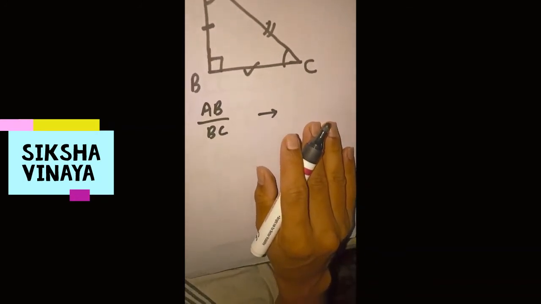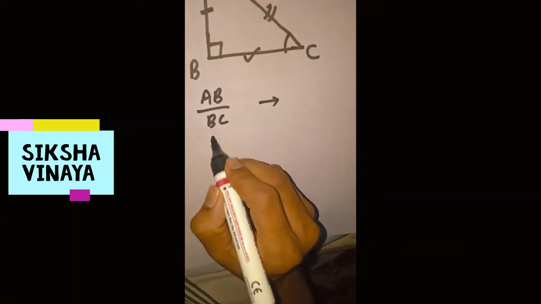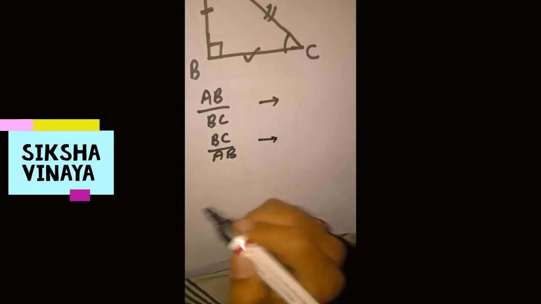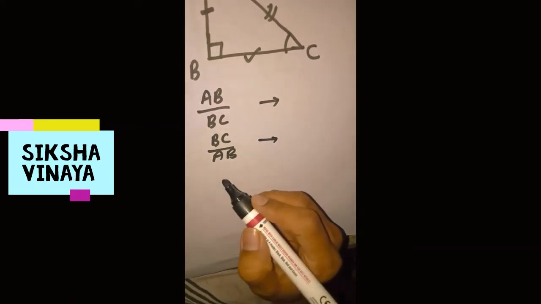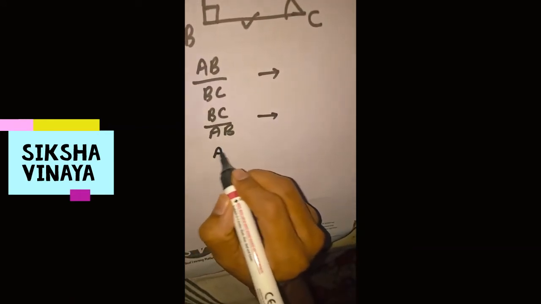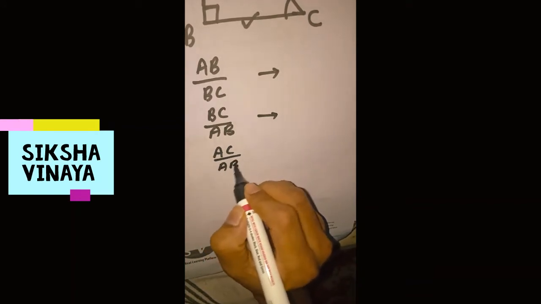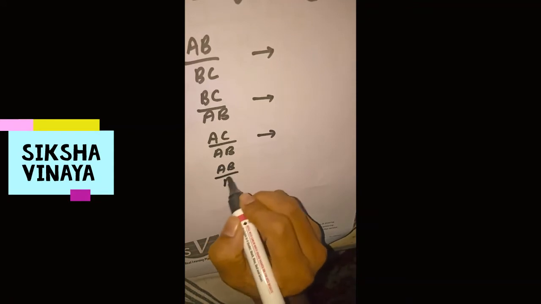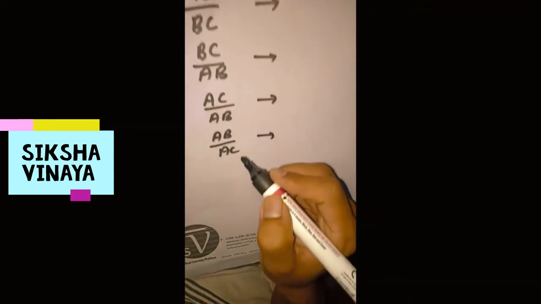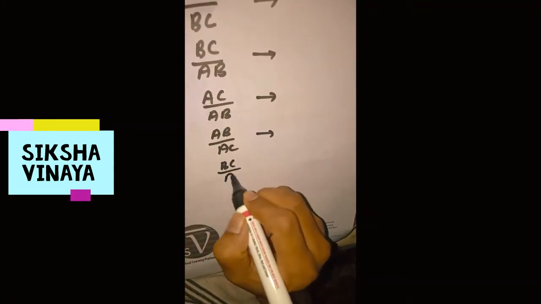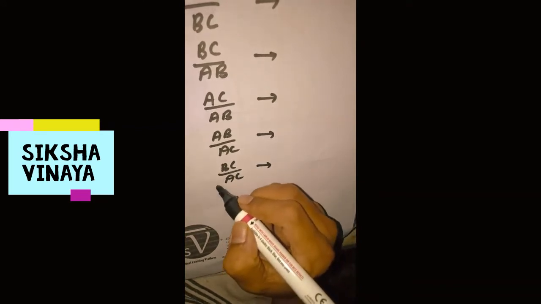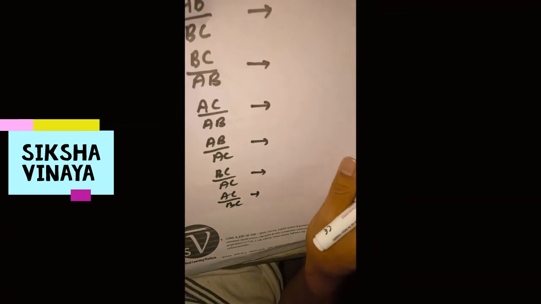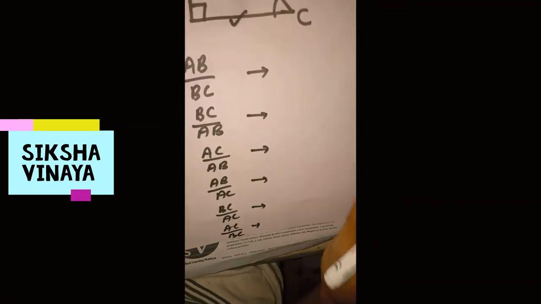AB by BC. Second is its reciprocal, BC by AB. Have you got my point? Now you can say AC by AB, or AB by AC. Now you can say BC by AC, and AC by BC. There are only 6?